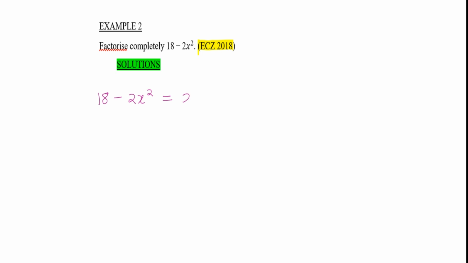It's just a 2, so we're going to have 2 into 18, it's 9, minus 2 into 2, it's 1. 1 times x squared will just be x squared. Then we can proceed, we can write a 2. When we look at what is in the brackets, we can write them in terms of the squares. We can say it's 3 squared minus x squared.